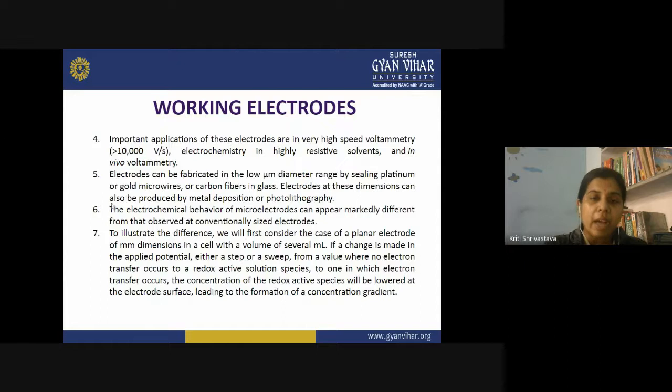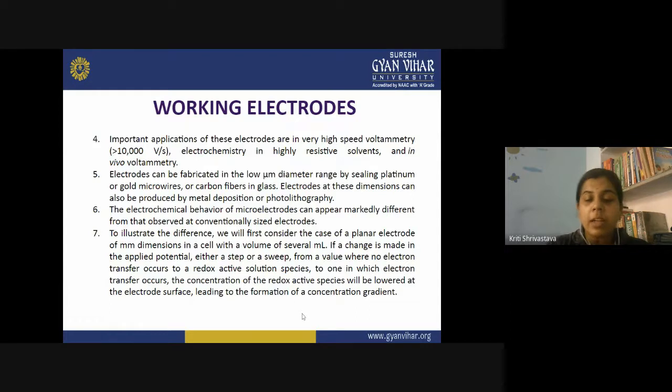So suppose you have taken a planar electrode in a cell with a volume of several ml. If a change is made in the applied potential, either a step or a sweep, from a value where no electron transfer occurred to the redox active solution species to one in which electron transfer occurs, so you vary potential in that range, the concentration of the redox active species will be lowered at the electrode surface, leading to the formation of a concentration gradient.